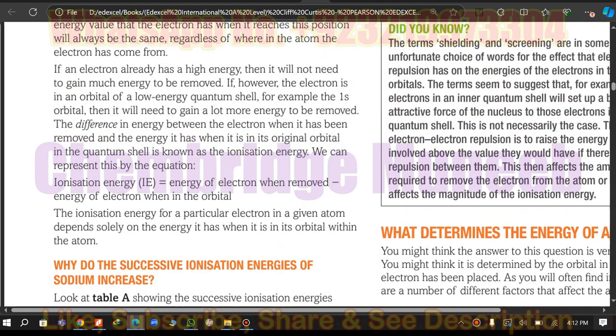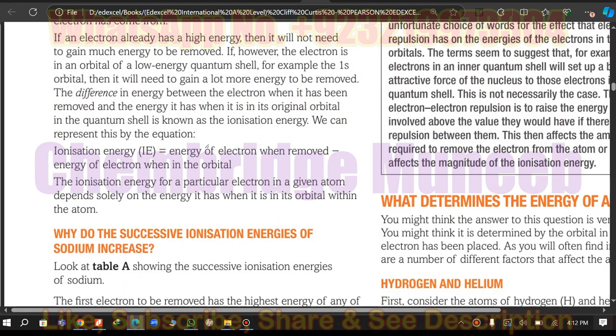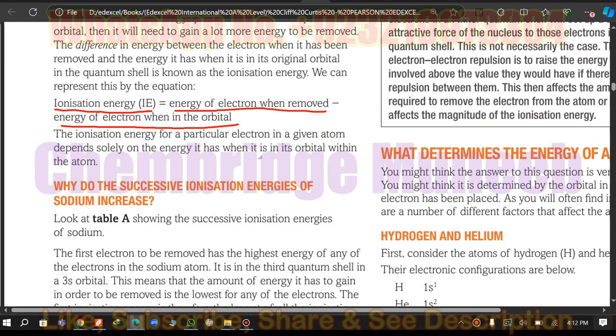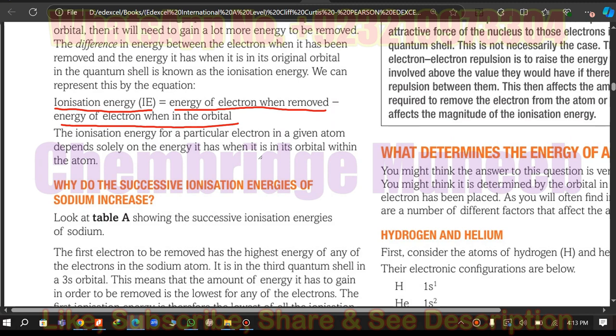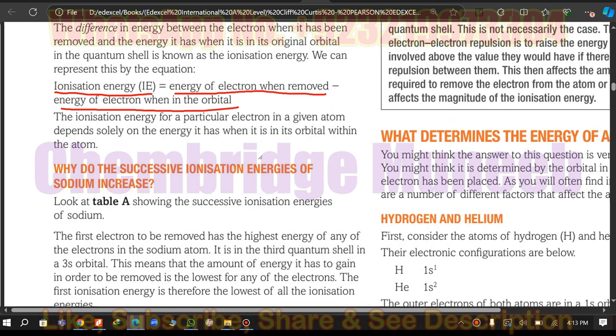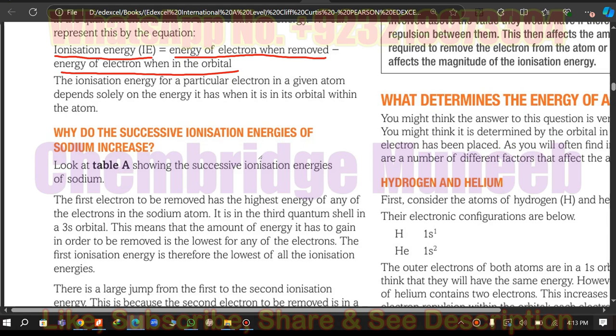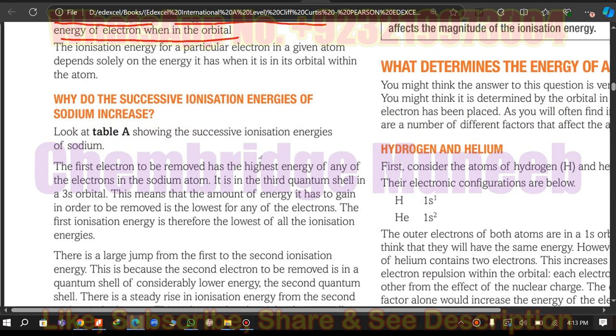Is it clear? Yeah. So the ionization energy is basically the energy of the electron when removed minus the energy of the electron when in the orbital. Anyways, leave this, but what I told you is that it should be increasing because of the increasing positive nuclear charge.